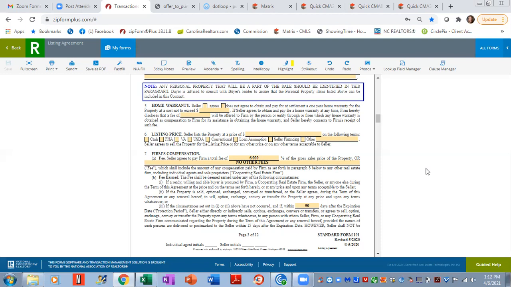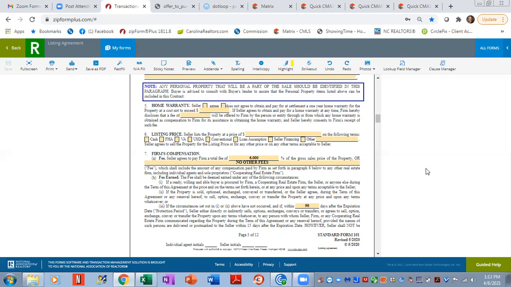So if you say the house should list at 235, here are the comps that support this house going at 235, and they want to list at 255, you need to have the conversation, respect their decision, but advise them why you feel the way you do, and make sure that you have evidence to back up what you're telling them. At the end of the day, if they want to list at 255, you write 255 right there and see how it goes. You can always change the price later.